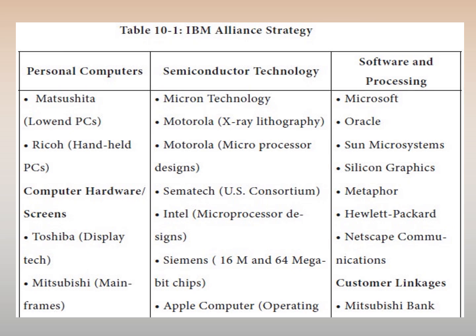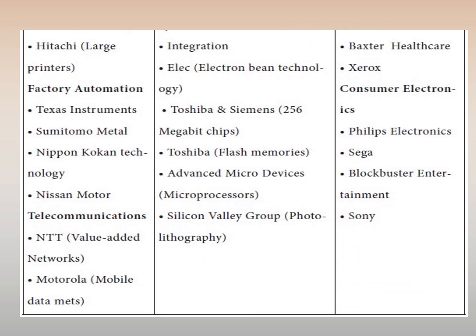Even when we talk about personal computers, there are Matsushita, Ricoh, Toshiba, Mitsubishi, then Apple OS, Siemens chips, Intel processors, and Motorola X-ray lithography. These are the things they have alliances with. When we talk about software, it has alliances with Microsoft, Oracle, Sun Microsystems, Silicon Graphics, Metaphor, etc.